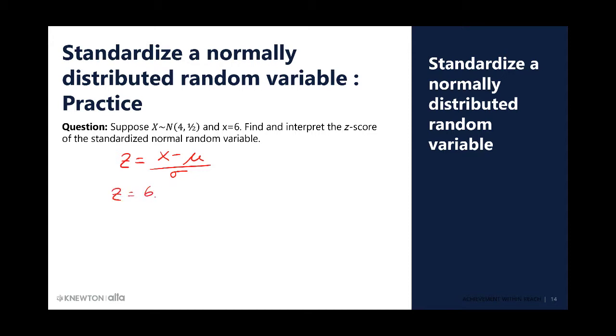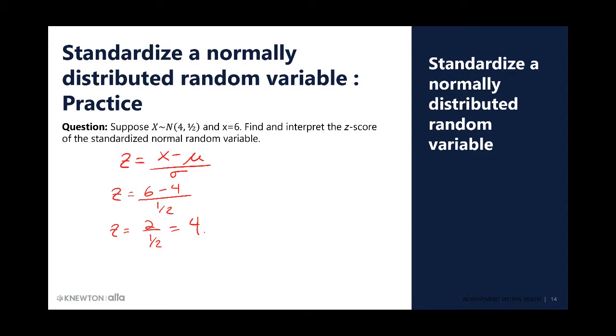We're going to take 6 minus the mean of 4 and divide that by a half. So the z-score is 2 divided by a half. If you go to your calculator, 2 divided by a half gives you 4, because remember, dividing by a half means you multiply by the reciprocal. Anyways, our z-score is a positive 4.